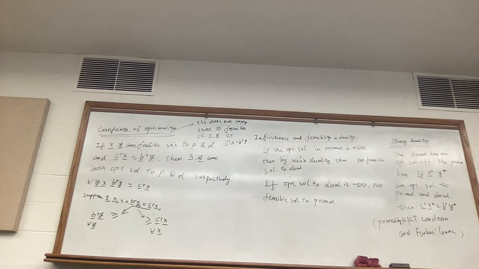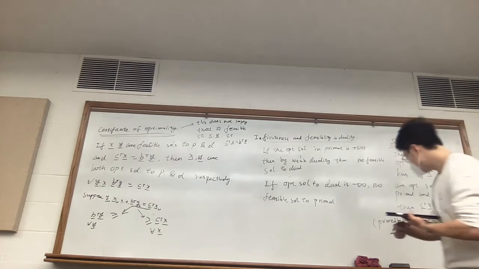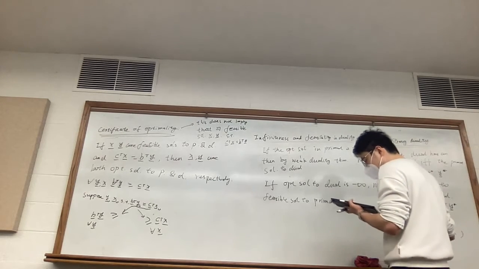It is called the Karush-Kuhn-Tucker condition. KKT means three guys' names. So I will not sketch the proof here, but just remember that this is about the strong duality.